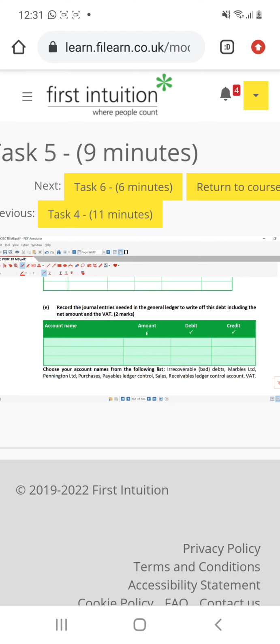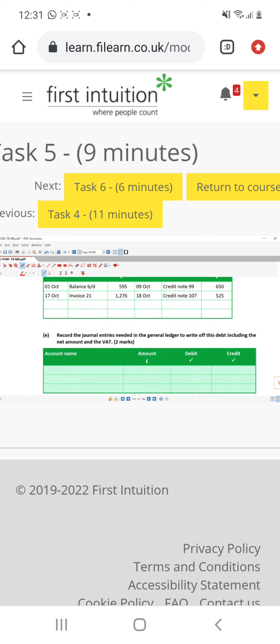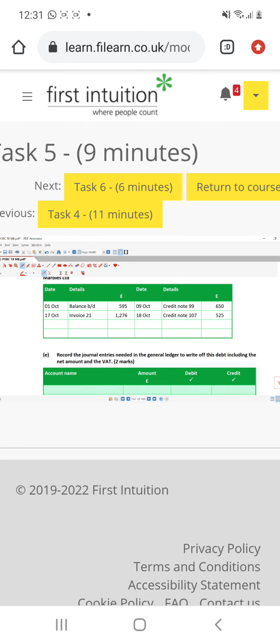First of all, we can see that we were owed originally 595 by Marbles. We invoiced them for 1276. The credit notes against the account were 650 and 525. So the total amount owing to us is going to be 696.